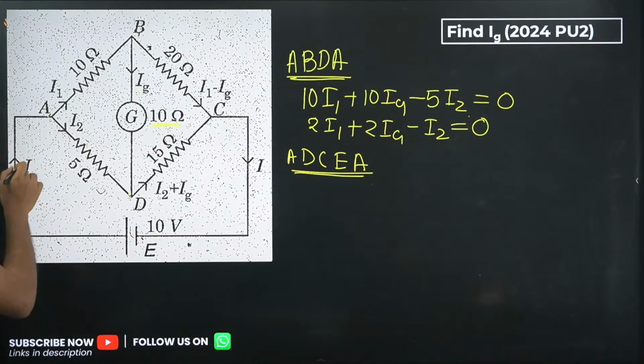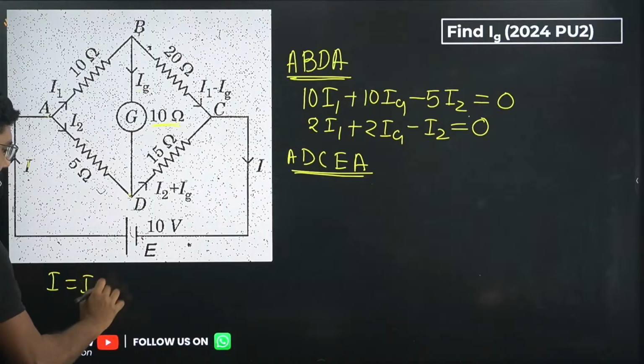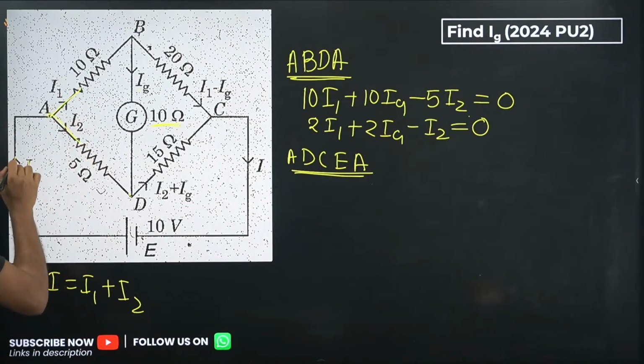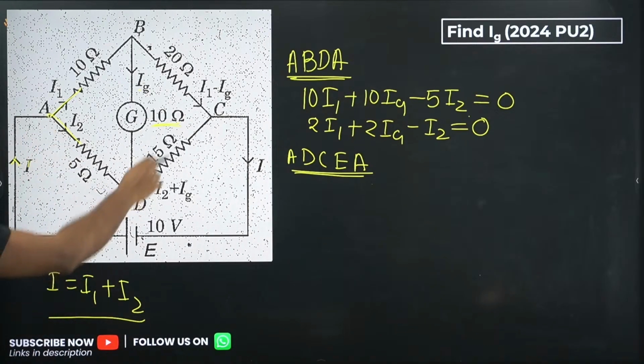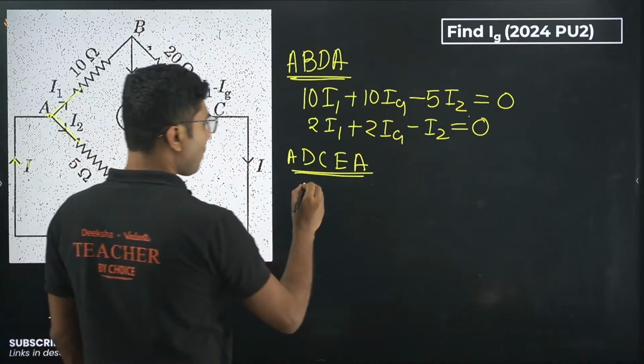By the way, here I is I1 plus I2, as simple as that, because I1 and I2 are going out and I is coming in, that means I equals I1 plus I2. Now we will use this loop. We start here with I2 into 5, or 5I2.